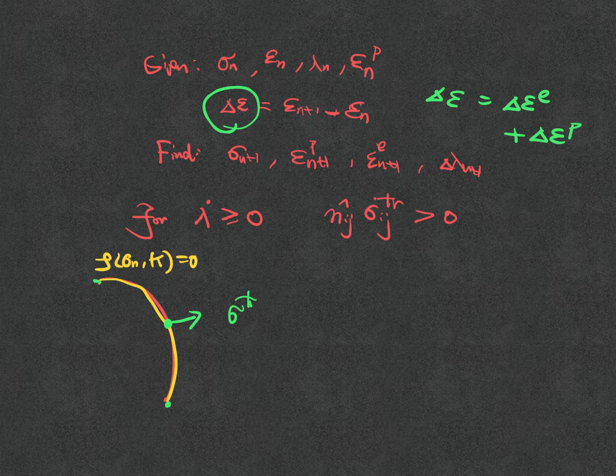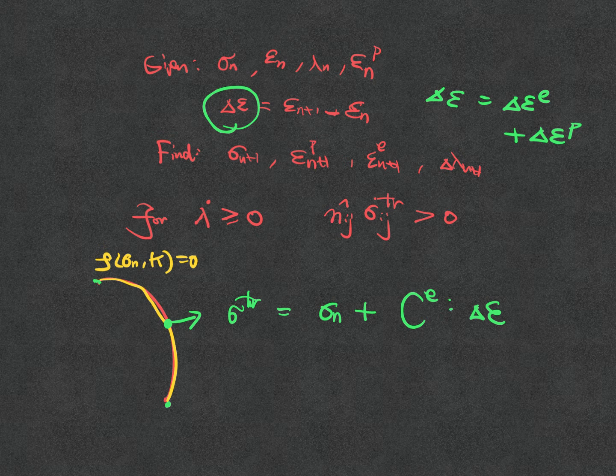The trial stress in the computer is equal to the previous step plus the elastic tensor times the total strain increment. The trial stress is called trial stress because we don't know whether it's correct. I'm just making a guess that the whole thing is elastic.